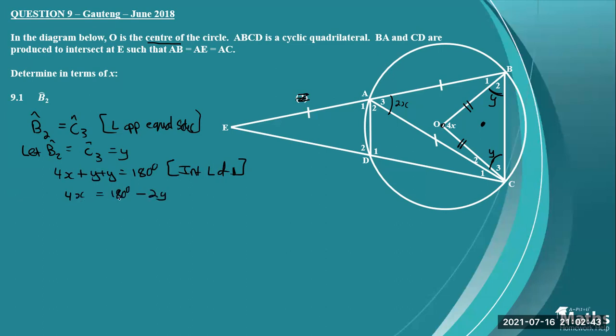And I want to get the 2y alone, actually. I want the 2y alone, right? So I will rather just do this. Not going to help me to get the x alone. It's going to be minus 4x and divide by 2. So now I've got a value for y.